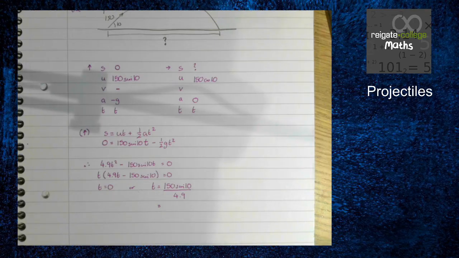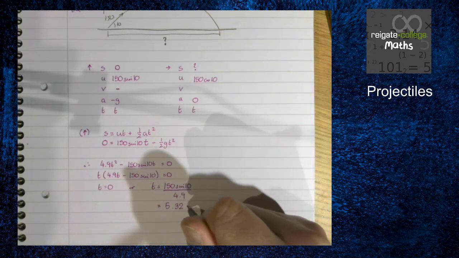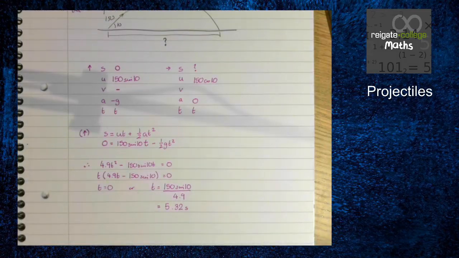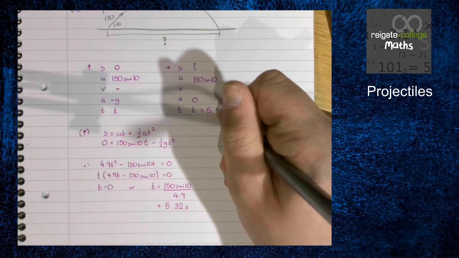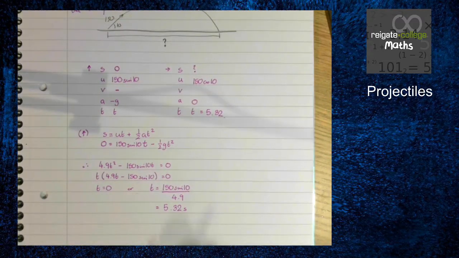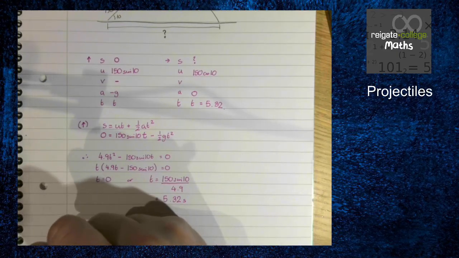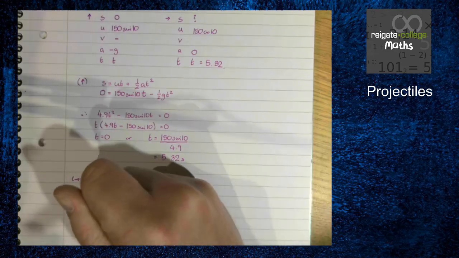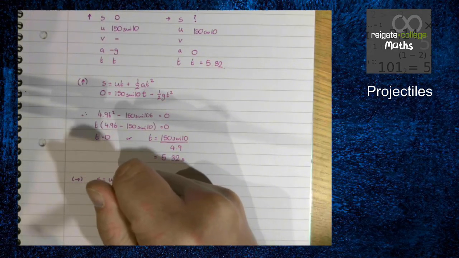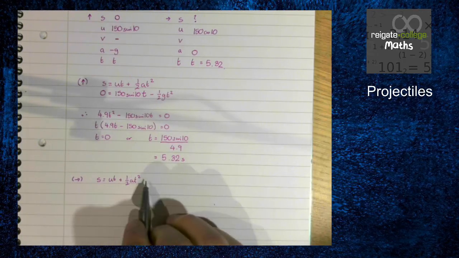And it confirms what we were saying before, that this is in fact double the time we found in the previous bit. But now we know time, we can now use that to find the range. So now going horizontally, we know again s equals ut plus a half at squared, but again conveniently a is 0.